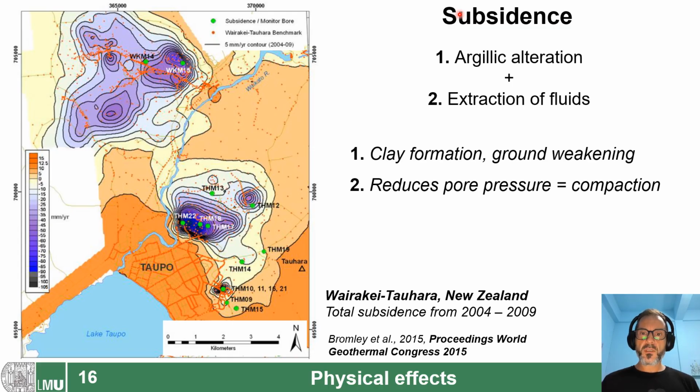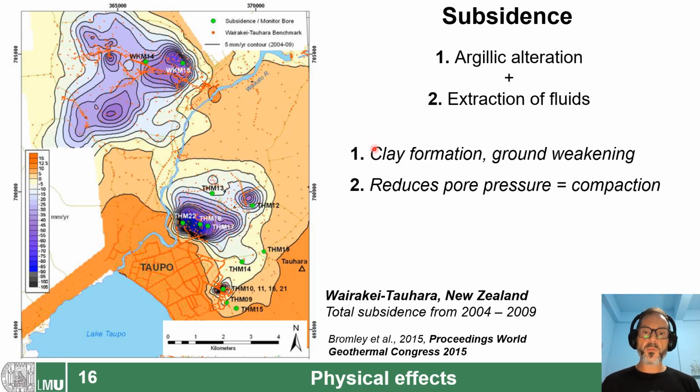The other process which is also used to explain this anomaly, in combination with alteration, is the fact that the extraction of fluids from the deeper part of the aquifer produces deformation which slowly diffuses into the shallow aquifer and aquicludes.